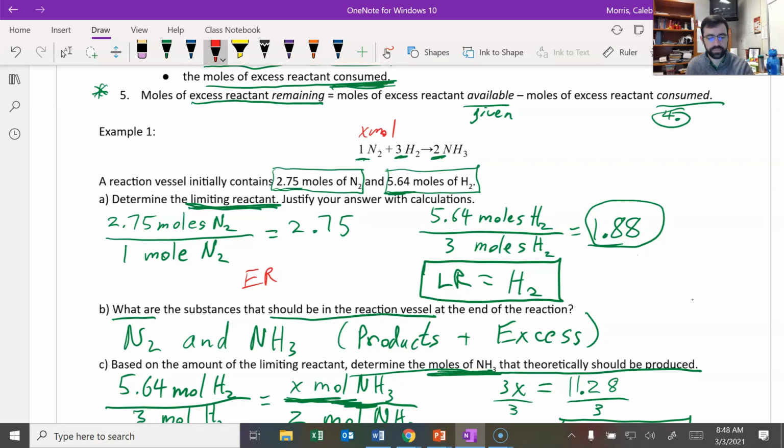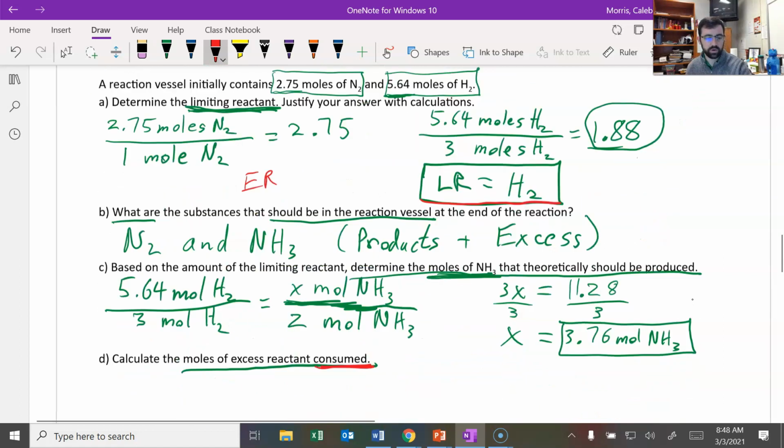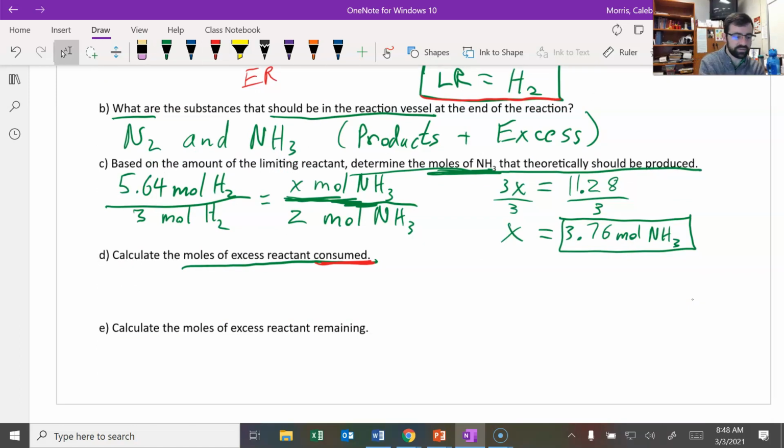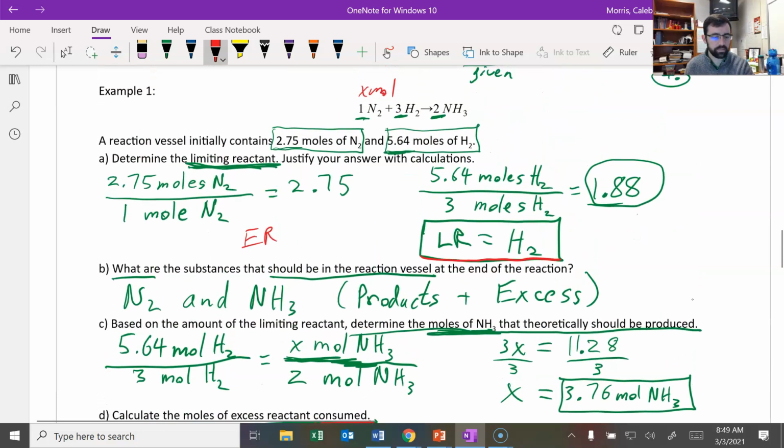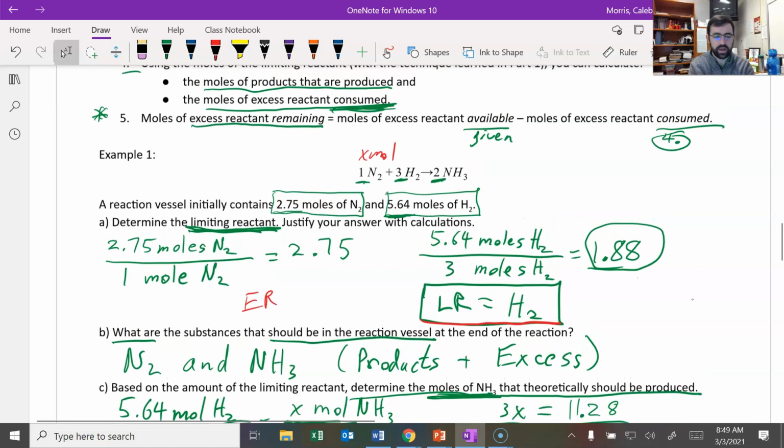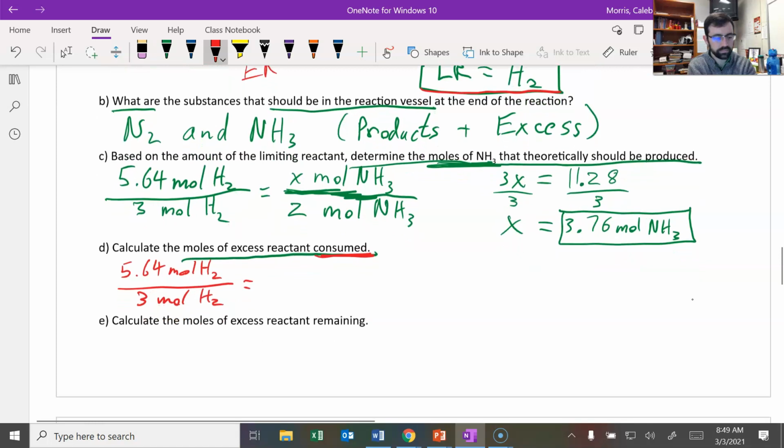What's my given? The limiting reactant is always the given after you find what it is. So we're going to do 5.64 moles of H2, again, 5.64 moles of H2 over 3 moles of H2 equals, and you go back up here, I'm looking for nitrogen, X moles of nitrogen over 1 mole of nitrogen.